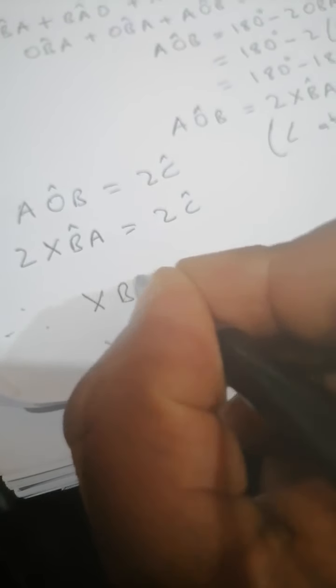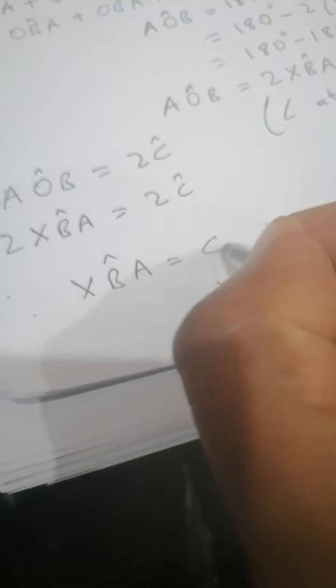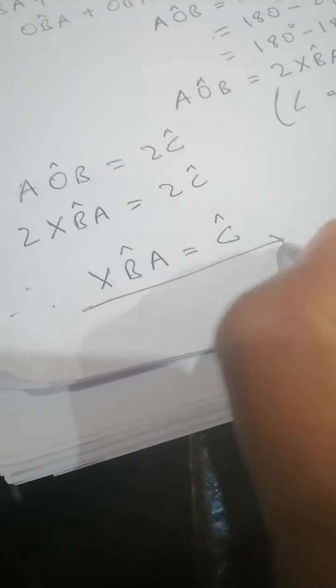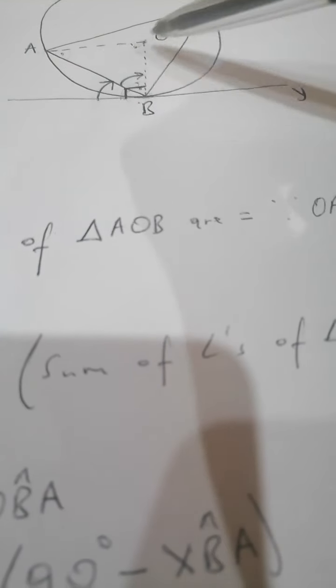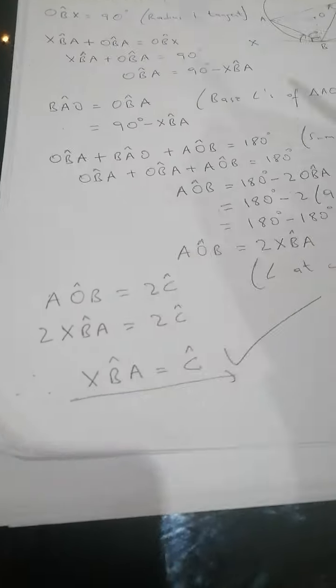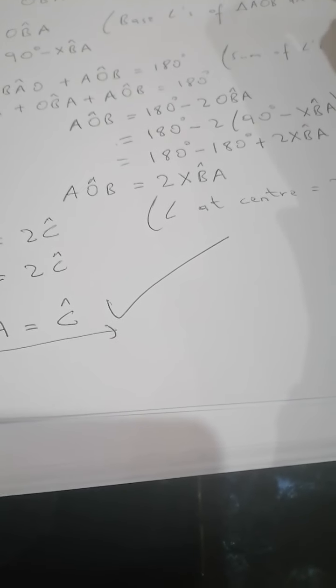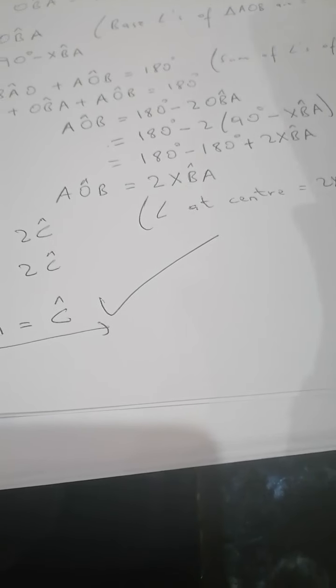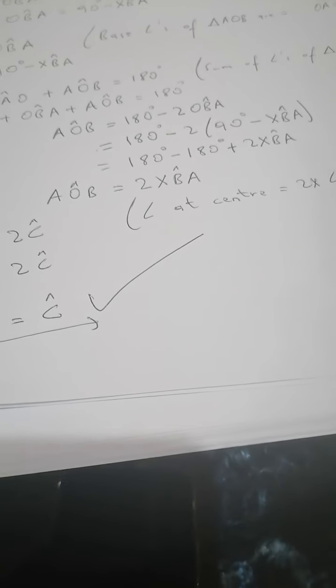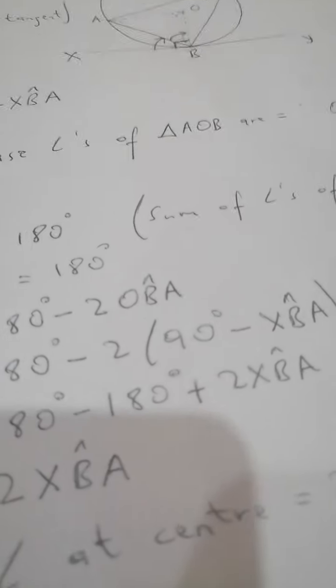Therefore, angle XBA is equal to angle C. So this angle here is equal to that angle here. Voila, we've proved that the angle between the chord and the tangent is equal to the angle in the alternate segment, or the angle subtended by that chord in the circumference.